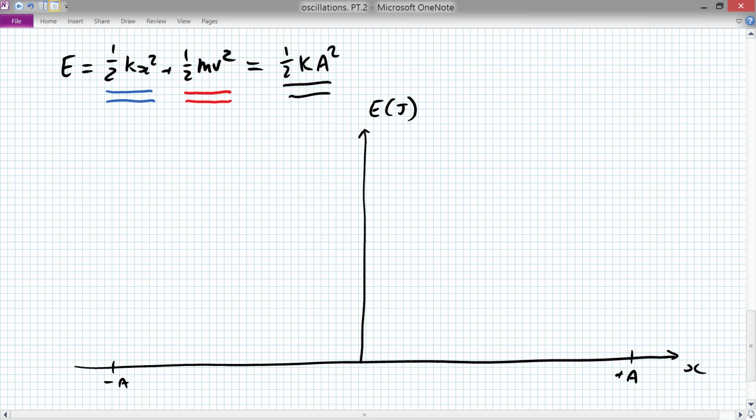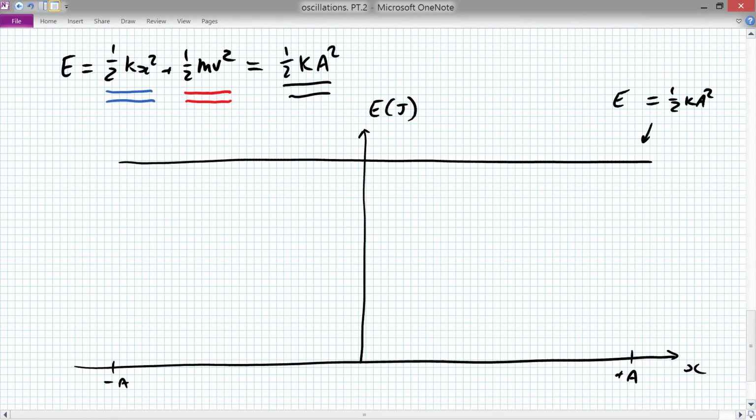There's no friction, conservation of energy is invoked, so it's got to be constant, we're not losing anything. So I will have some constant energy here, so black line, and this will be equal to E is half kA squared.